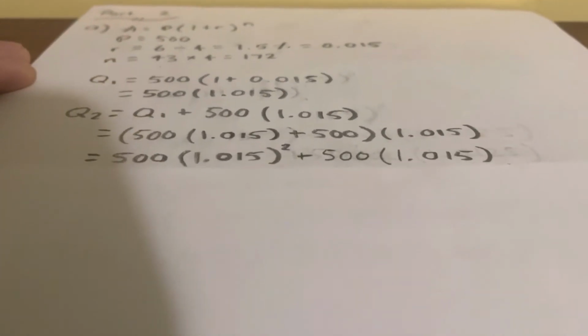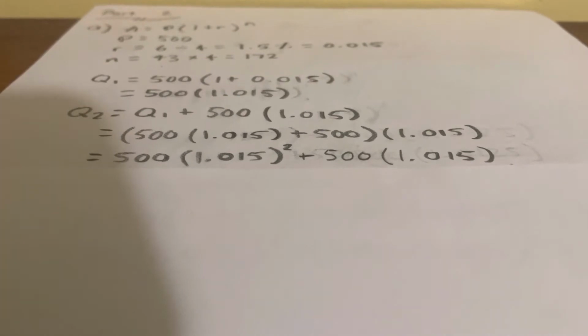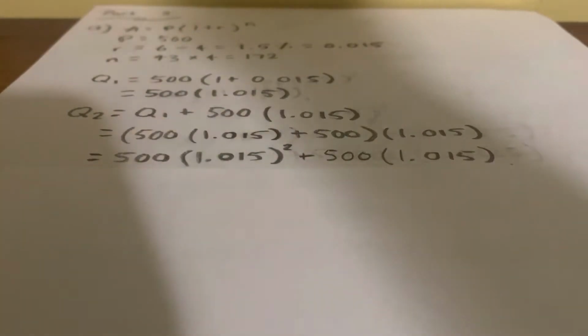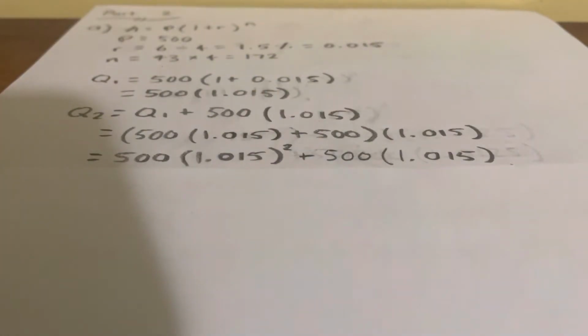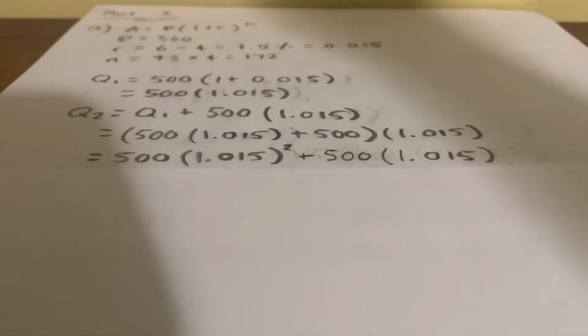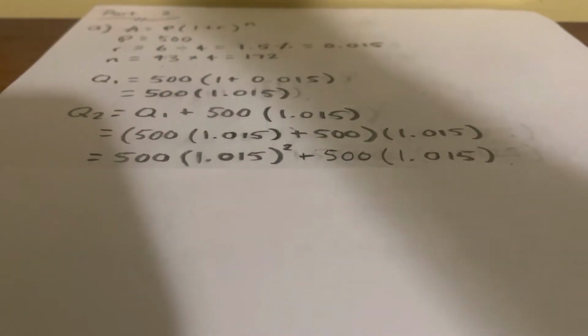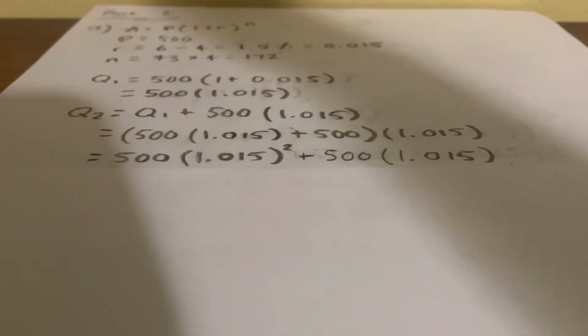Quarter 2. We're going to have our quarter 1 and a new contribution. We're going to contribute $500 again for this quarter, and then we're going to have our interest rate multiply with our first quarter plus our new contribution, so it builds up.